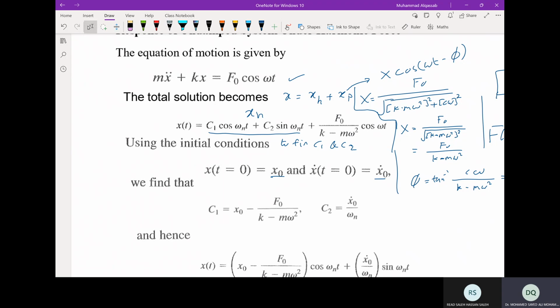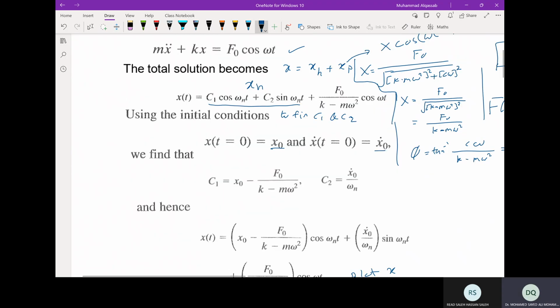And this is the total solution. The initial conditions are applied on the total solution. So we put at t equal to 0, x equal to x0, the given initial displacement, and at t equal to 0, x dot equal to x0 dot, which is the given initial velocity. Then we can find C1 and C2.